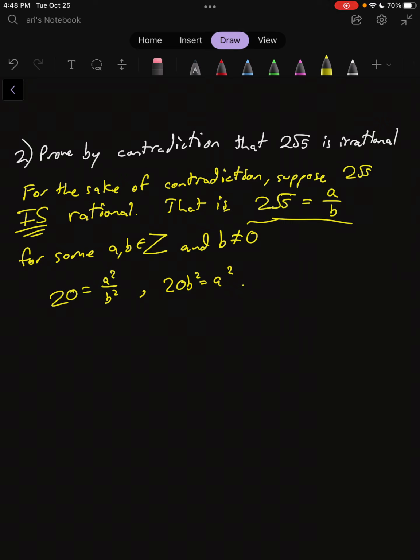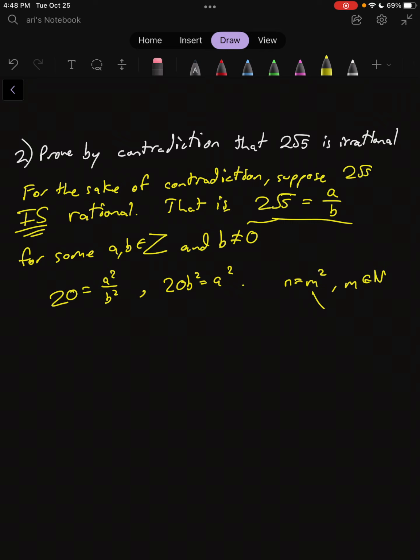And if you remember, in the last worksheet we did, we had this problem that said n equals m squared, where m is a natural number, and you have to prove that n has an even number of prime factors. And the way you prove that is by showing that m has some number of prime factors.